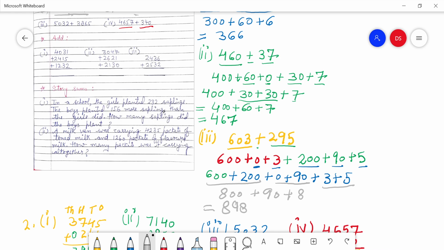5 plus 1 is 6 and 2 is 8. Then 3 plus 1 is 4, 4 and 3 is 7. Next 6 and last line 7.